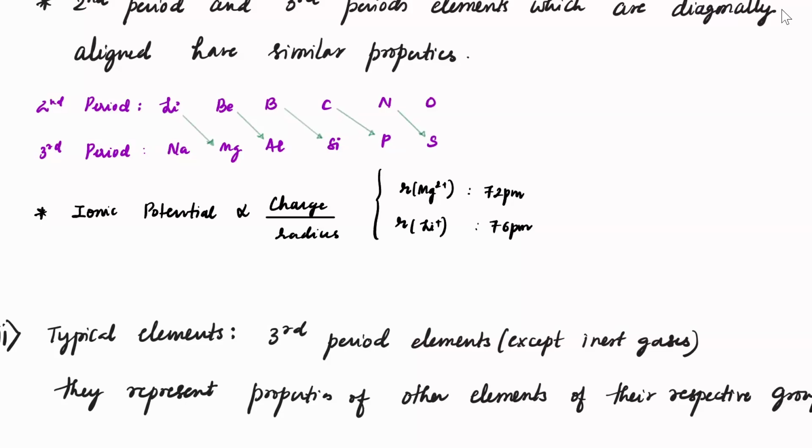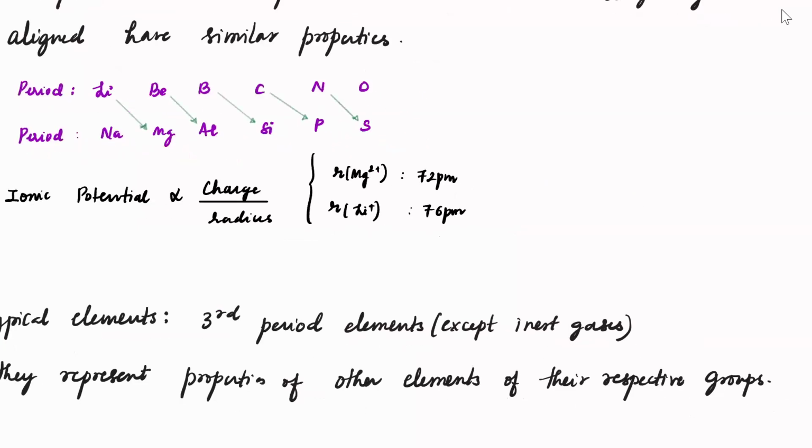So you could notice that they are very, very comparable. That's the reason why you will notice this kind of idea. Same goes with beryllium also. When it comes to beryllium, you would have almost similar size to that of aluminum here. Got it?